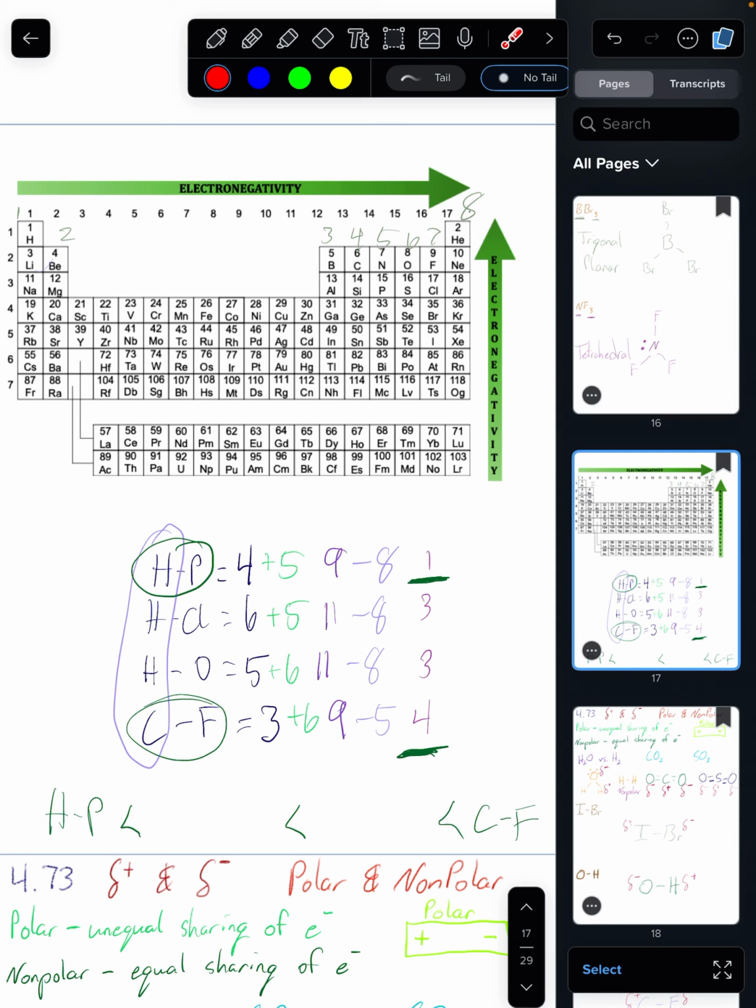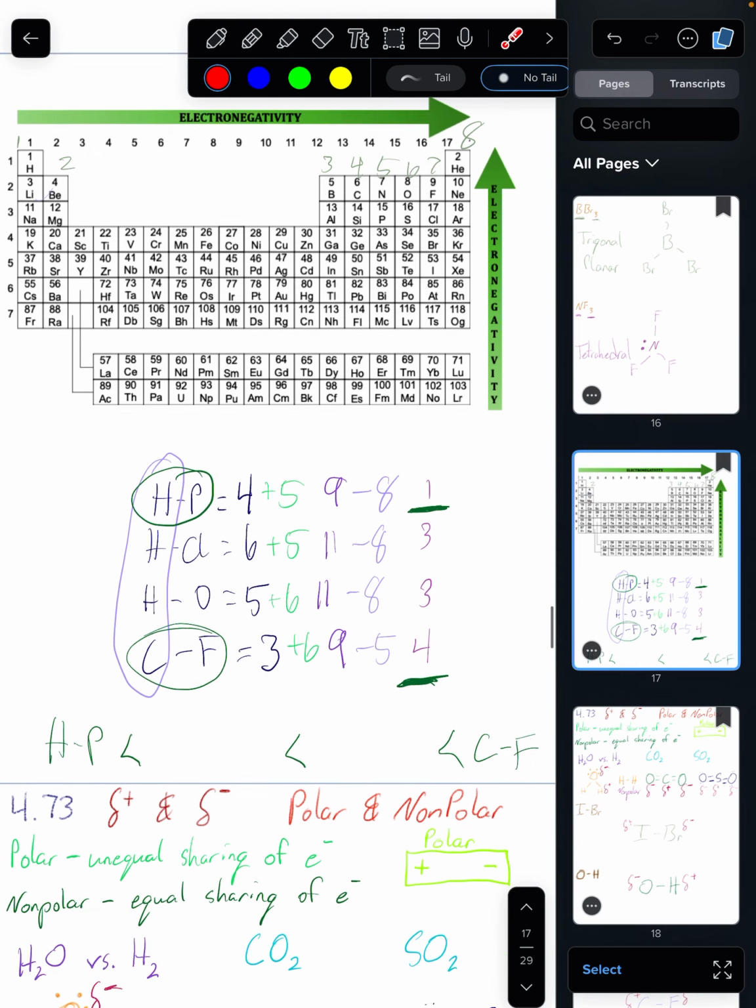Okay? So then we know this oxygen is going to be bigger with its polarity compared to this chlorine. Even though this chlorine is right here and oxygen is right here, as it goes up, it gets even more negative.